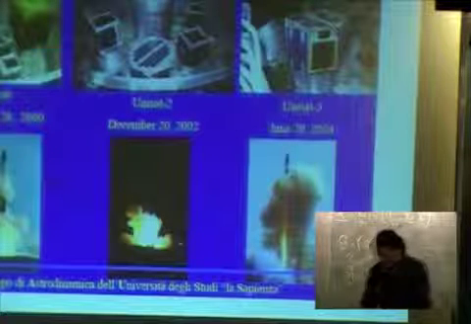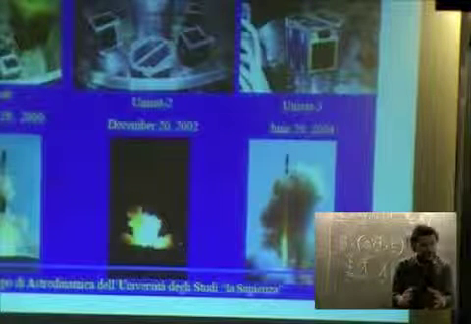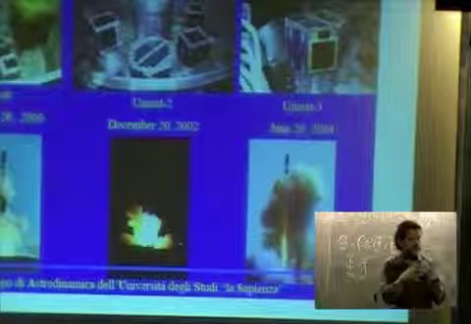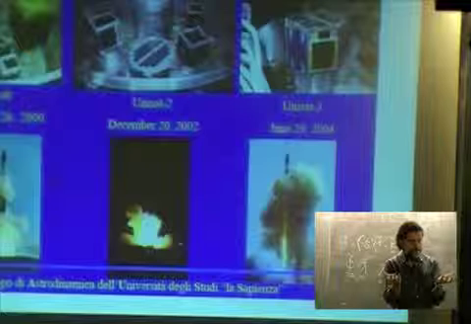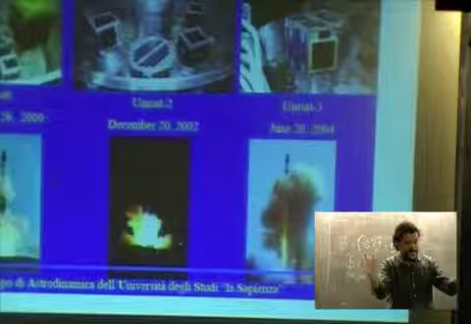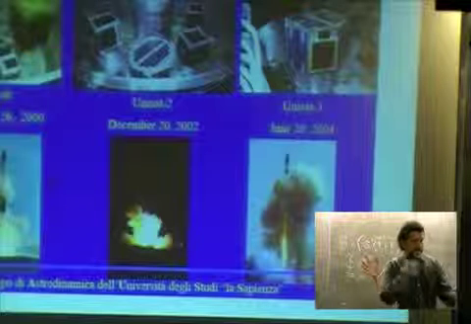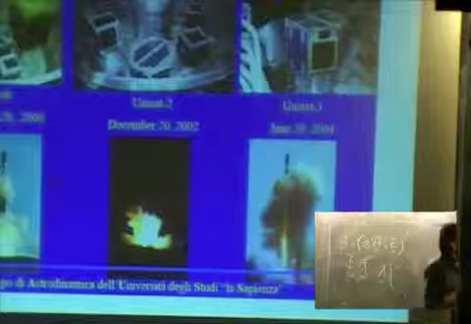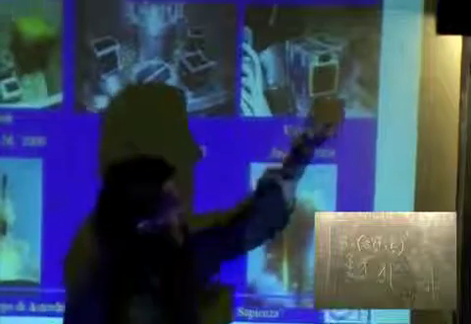The problem is very simple. They want to push the rocket into orbit, then the rocket opens the door, and you spread out the satellites that go in orbit.